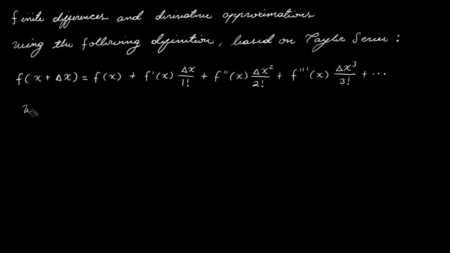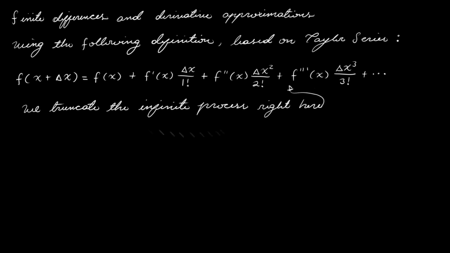Now, recall that a Taylor series is an infinite process. As such, we must truncate it. We choose to do this right after the second derivative.